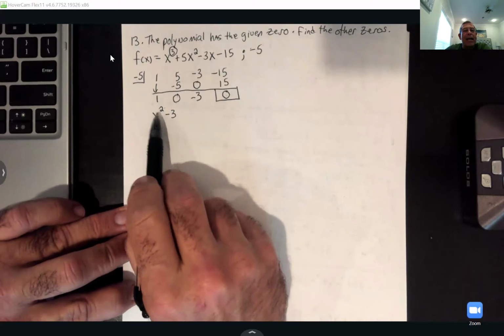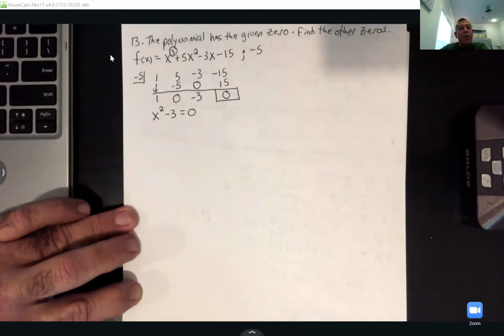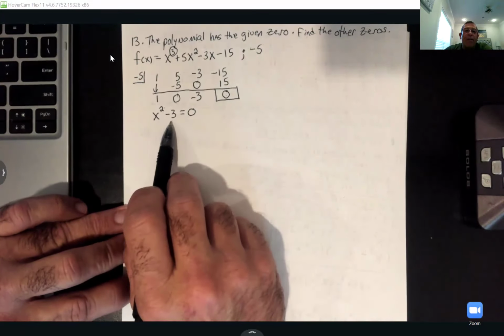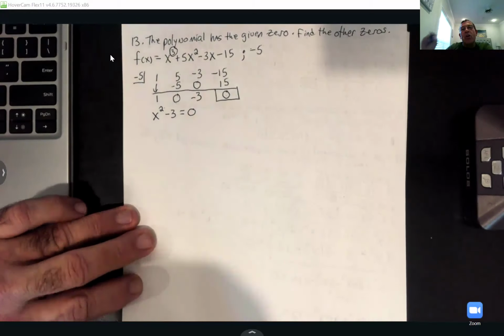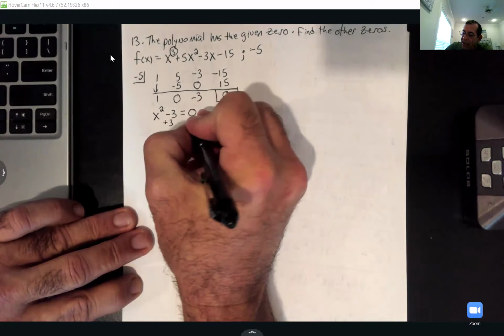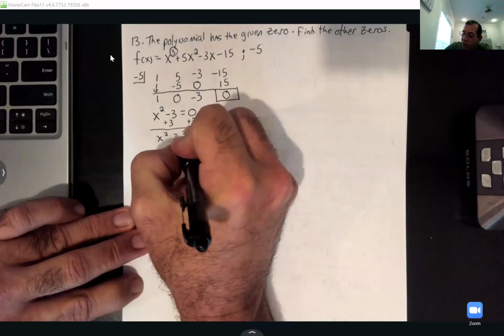So to solve for the last 2 zeros, we're going to set that equal to 0 and solve it. This one doesn't factor, so I'm going to add 3 and do my square roots, okay? So add 3 to both sides. x squared equals 3.